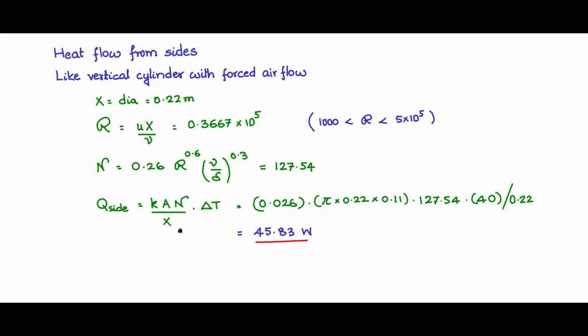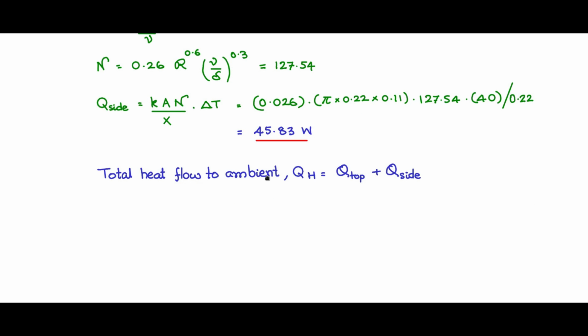So what is the total heat flow from the aluminum block to the ambient? We'll call that QH, which is Q top plus Q sides, which is 20.24 plus 45.83, 66.07 watts. Approximately 66 watts are actually going out from the aluminum block into the ambient.